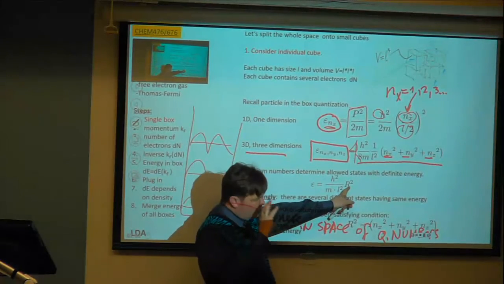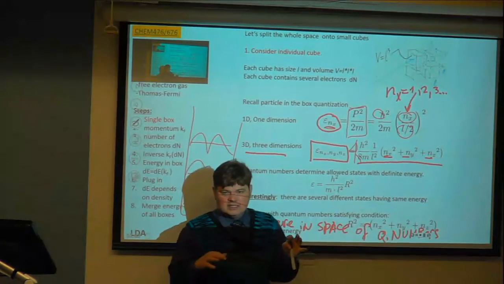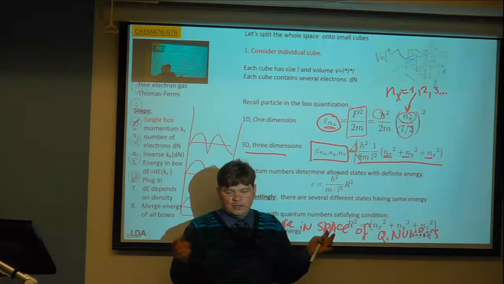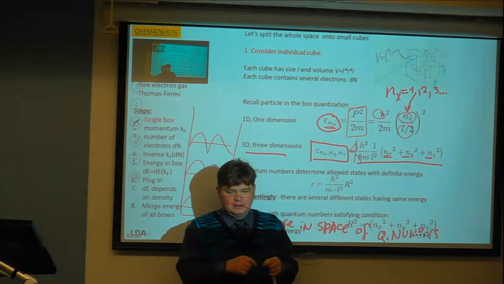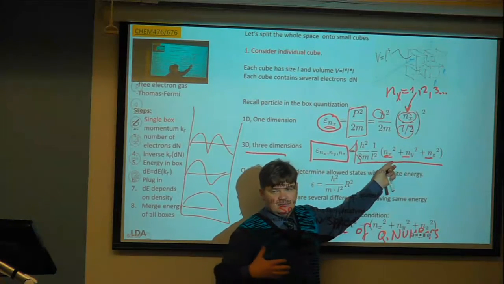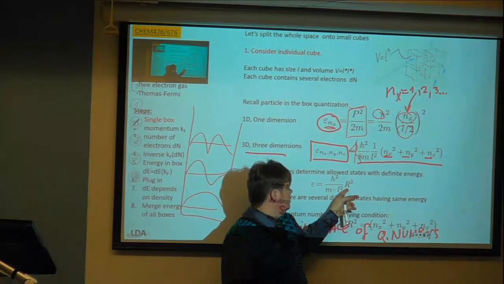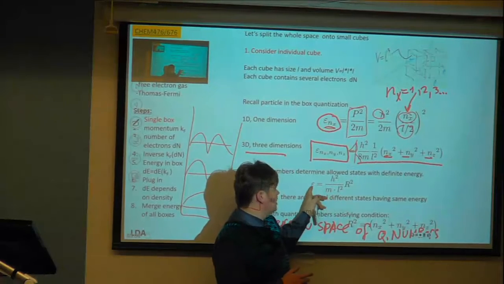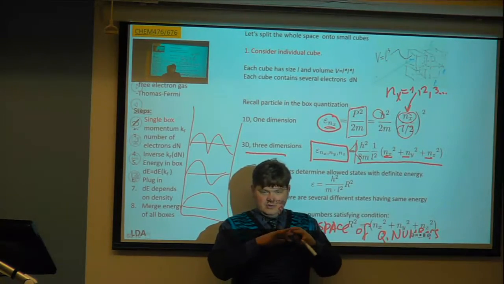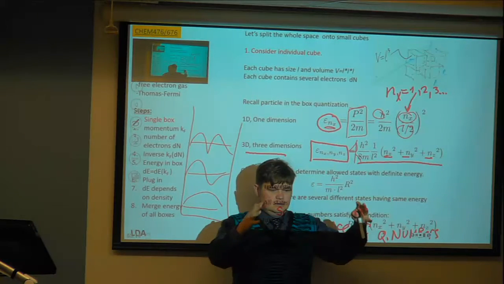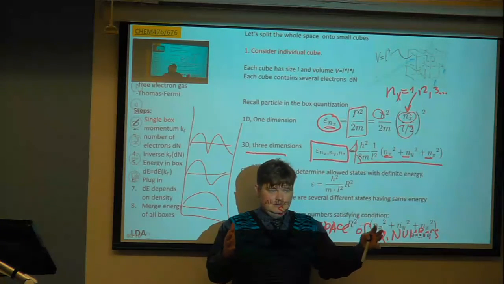So we can think about a sphere in this space of quantum numbers. We don't care what the meaning of these variables is. Instead of real space, it can be a space of quantum numbers. If the radius is fixed, it means that energy is fixed. So in this space of quantum numbers, it will be a surface of equal energy.